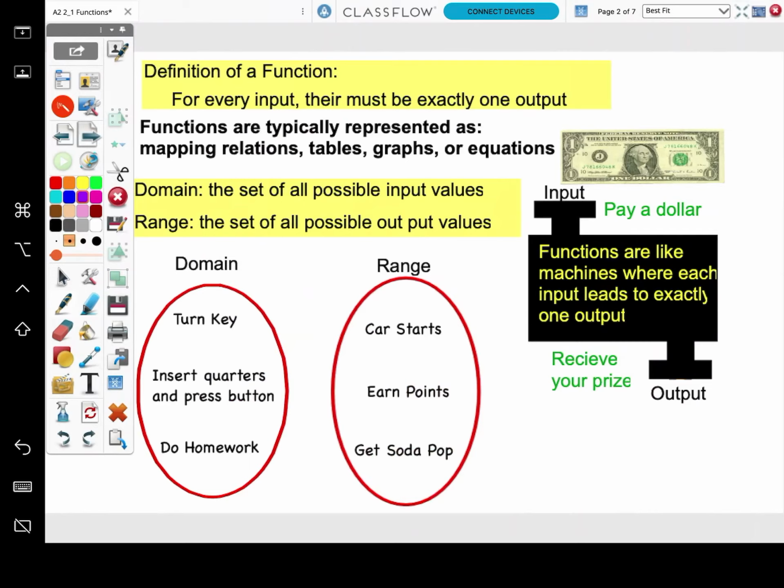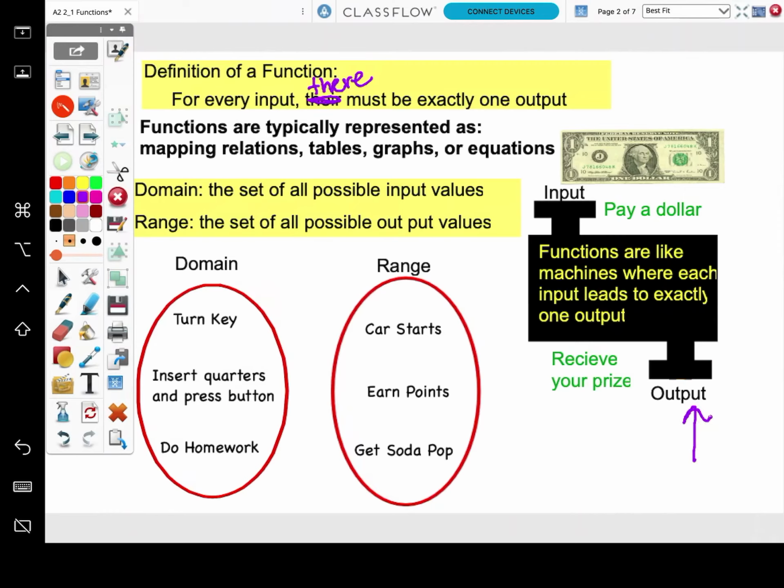Okay, functions we typically represent as mapping relations, which are these little red circles that you see down in the bottom, tables that we just saw, graphs that we just made, sometimes equations. There are occasions where you see them as this weird little input-output function machine off to the right here.